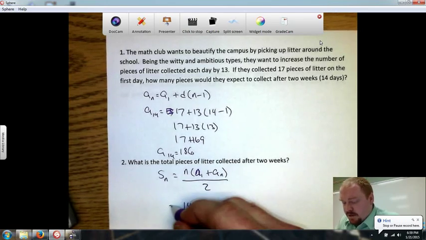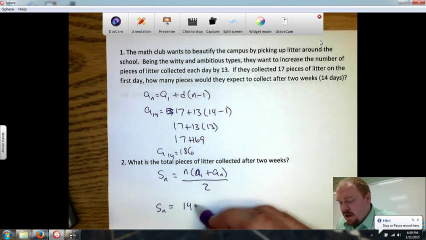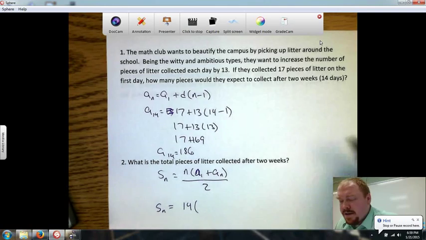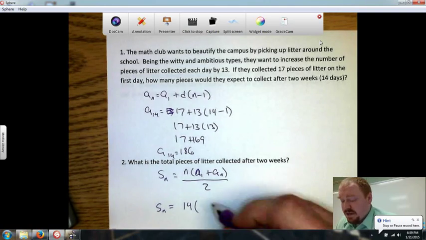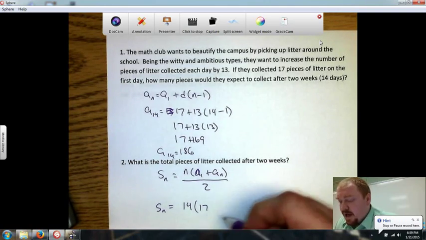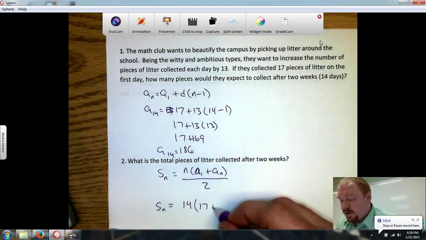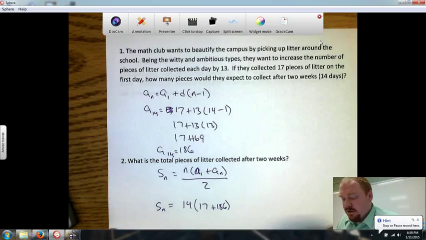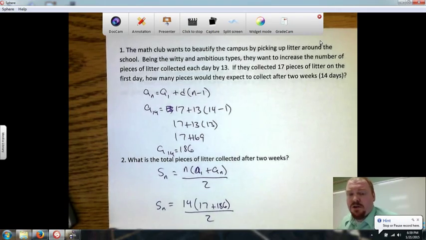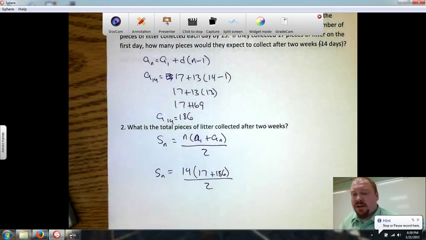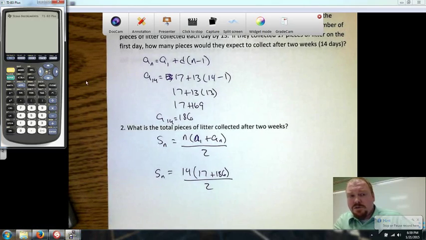Okay? I know that the first day they collected a total of 17 pieces. I know on the last day, because we just found this, we collected a total of 186. So I would just type this into my calculator and go from there. So I have this handy tool here.